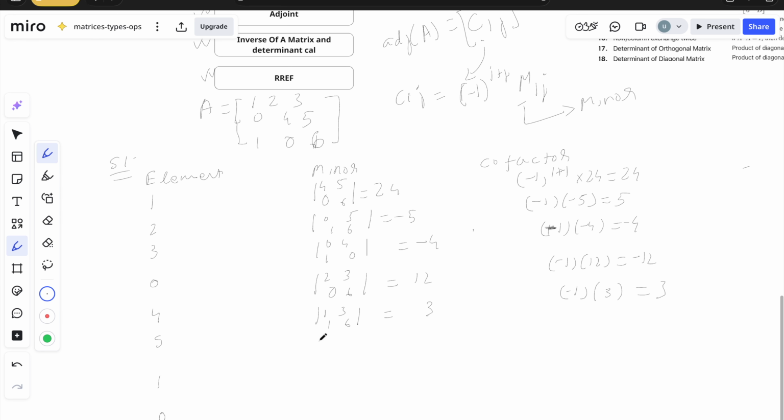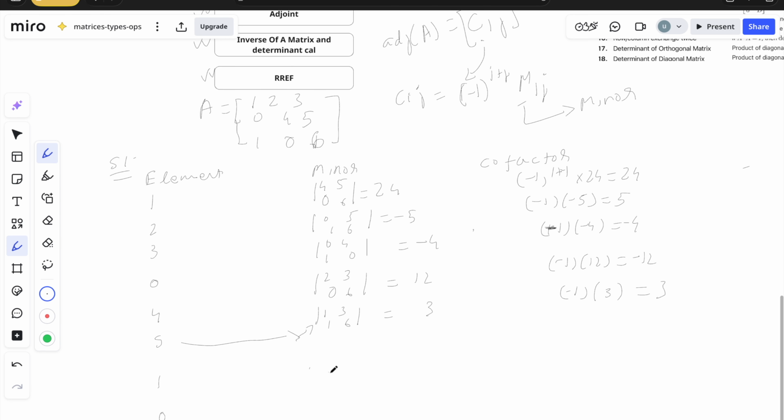Now for 5, similarly, it will be 1, 3, 1, 6 here. Already we have calculated it here.